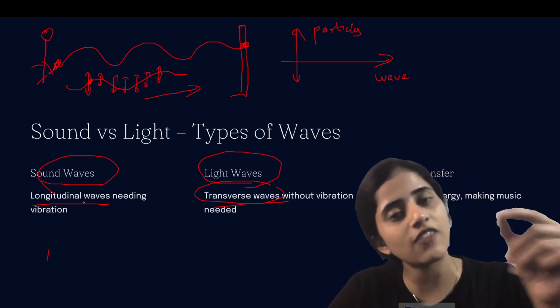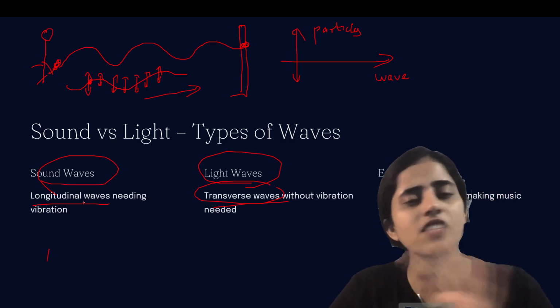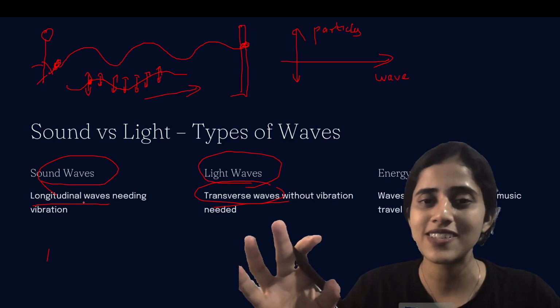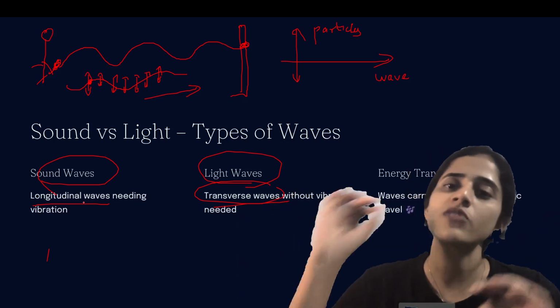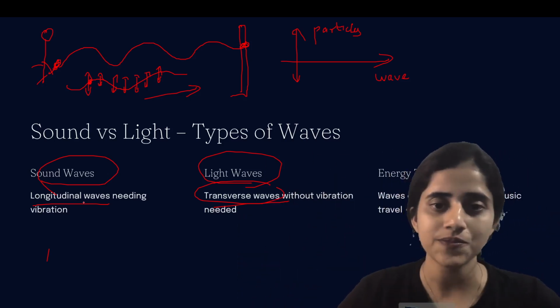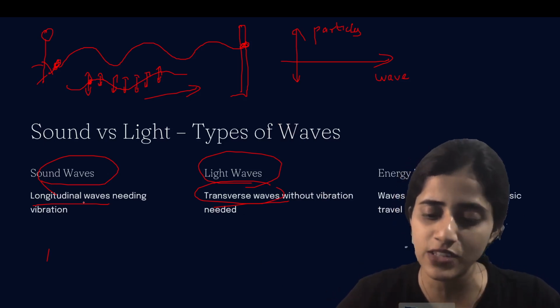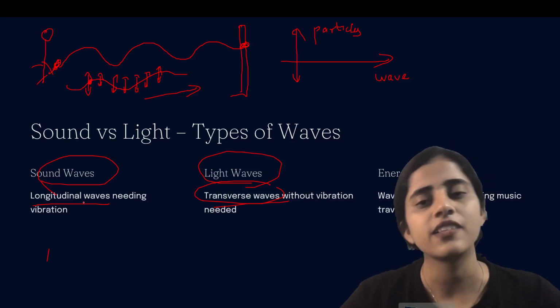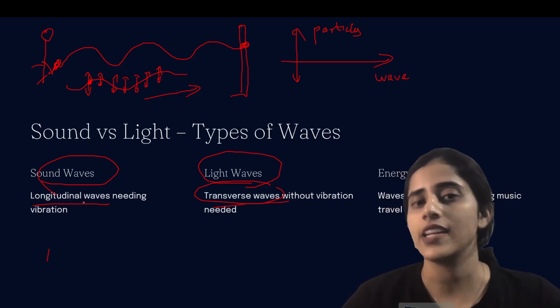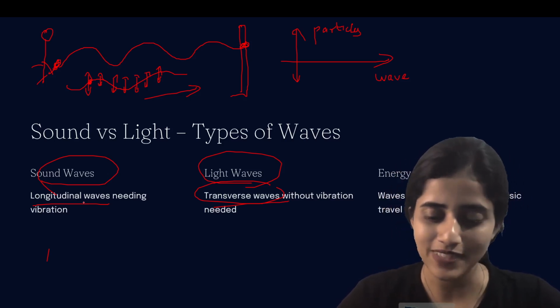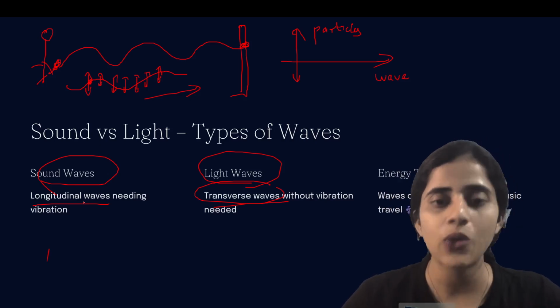So sound waves carry sound energy. Waves just carry energy from one point to another, and depending on the different kinds of waves, they transfer different kinds of energy. Is that clear?